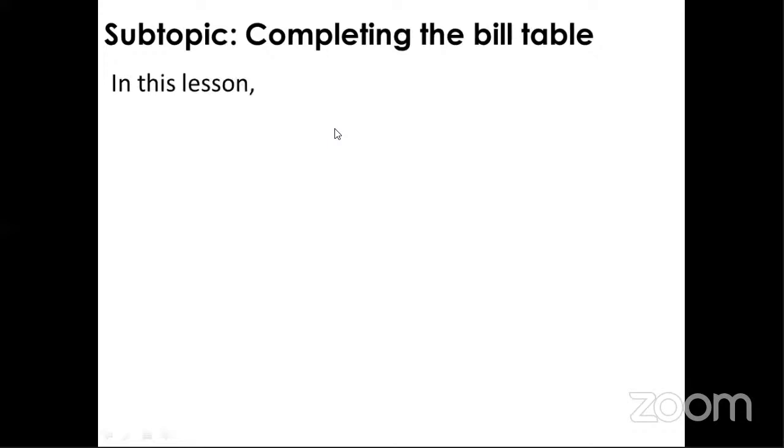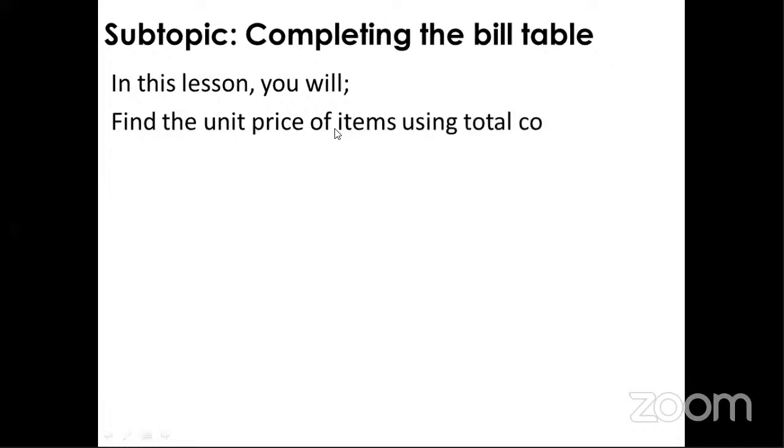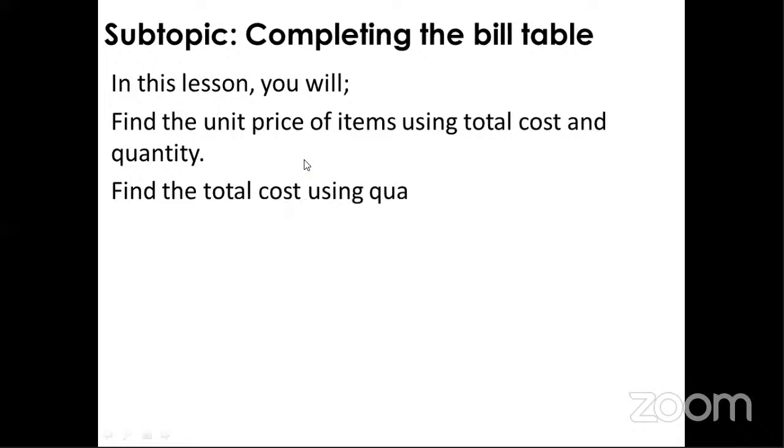What are we going to be doing in this lesson? In this lesson, you will be able to find the unit price, or the price per one item, using the total cost given and the quantity. The second point is you will also be finding the total cost, because in the table we shall find the total cost, the unit cost, the quantity and even the items.